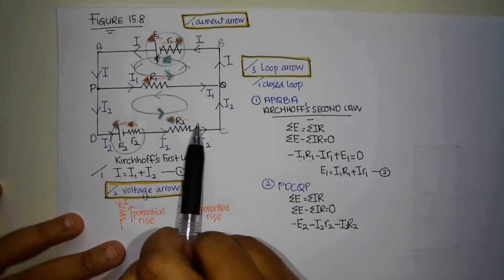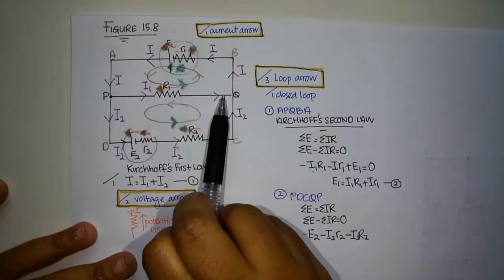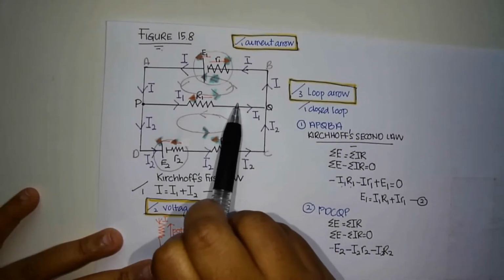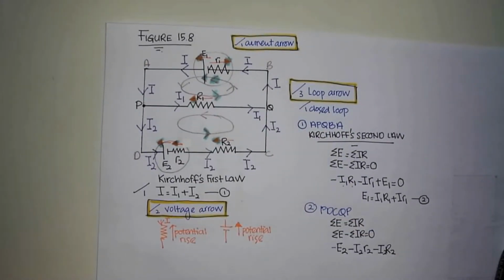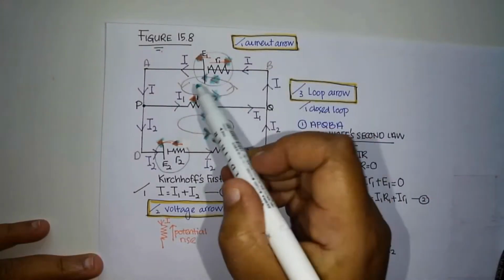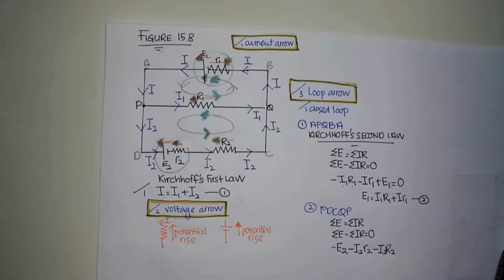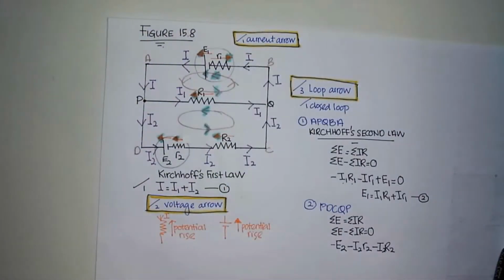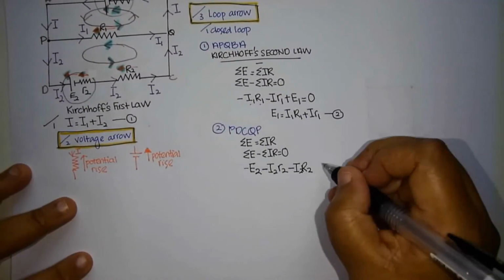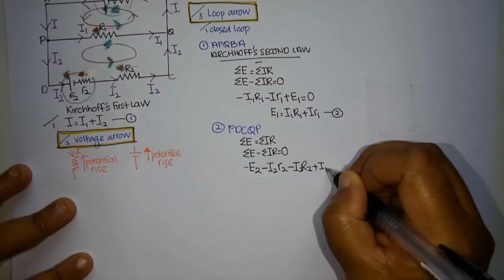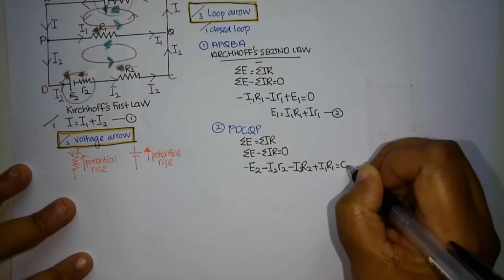Then I still have to go back to P. So I go here, I notice the loop arrow is in the same direction as the voltage arrow. So I put positive I1 R1 equals 0.